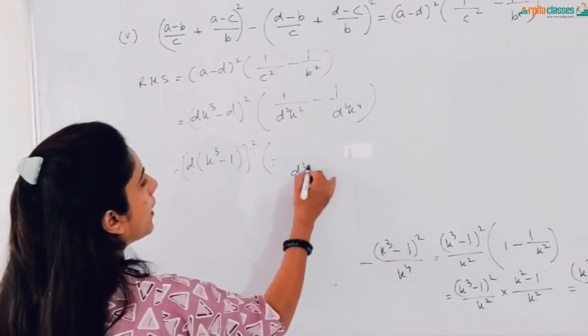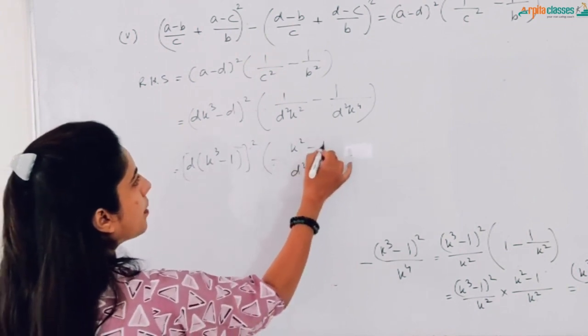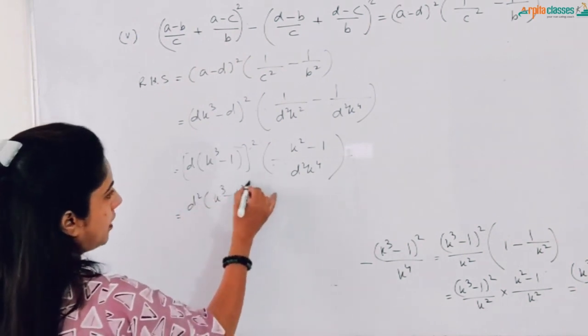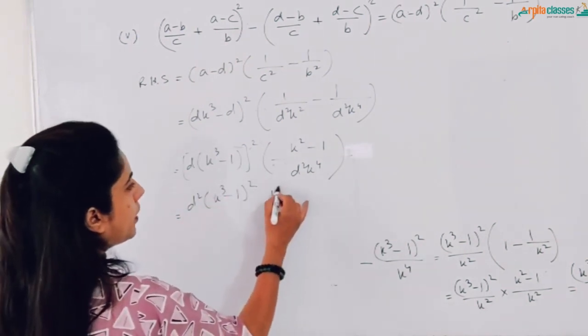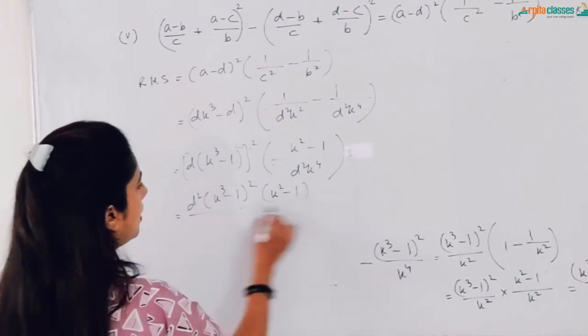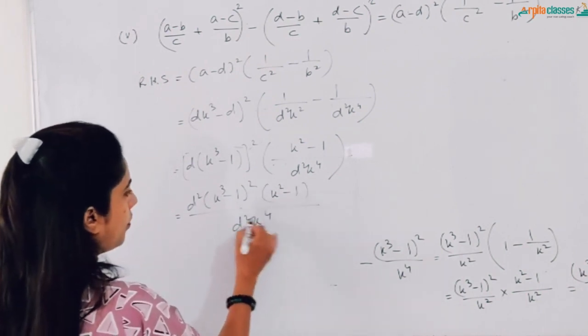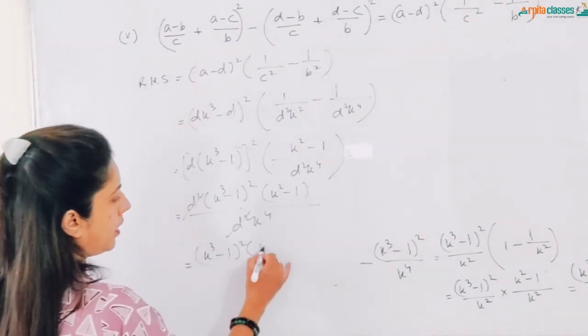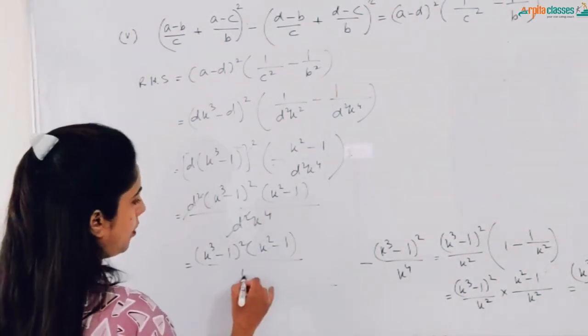Here d square k to the power 4 common, so it is k square minus 1. So it's d square k cube minus 1 the whole square into here k square minus 1 upon d square k to the power 4. d square is cancelled. So it's k cube minus 1 the whole square into k square minus 1 upon k to the power 4.